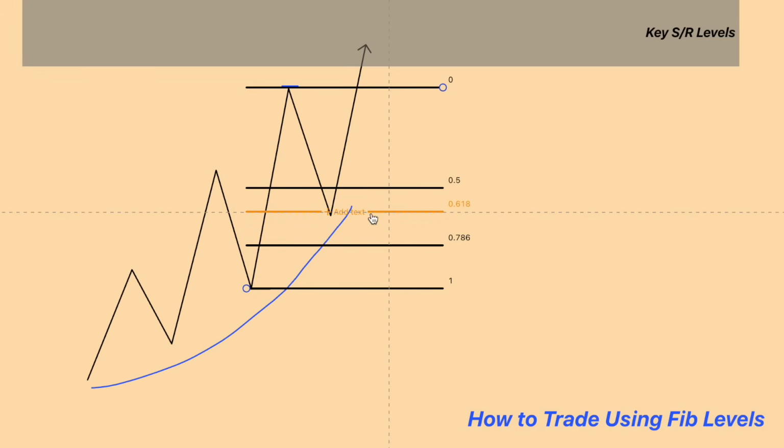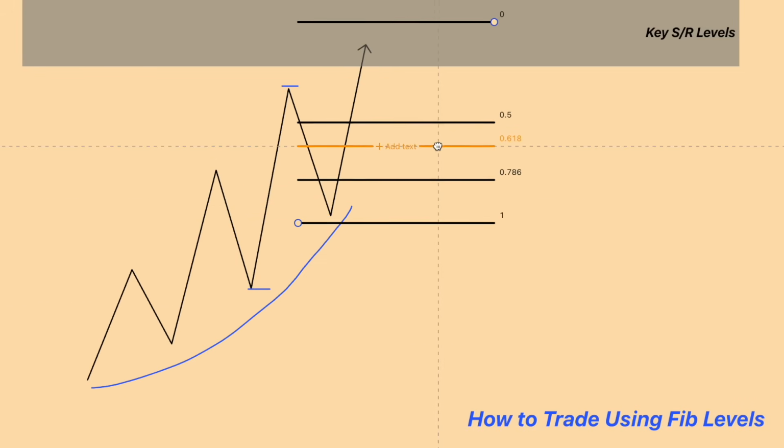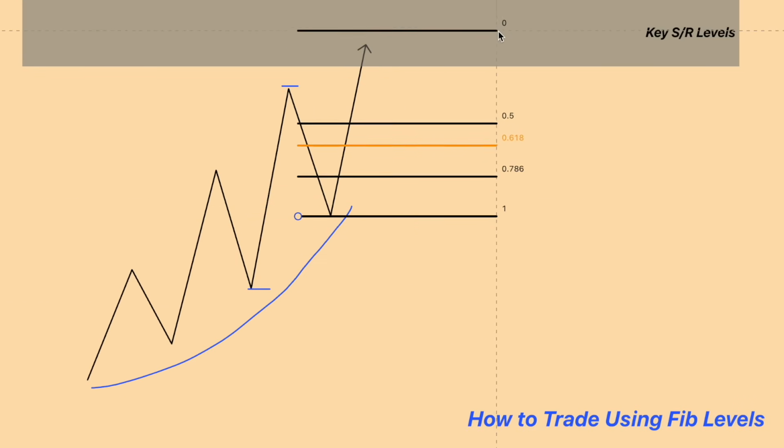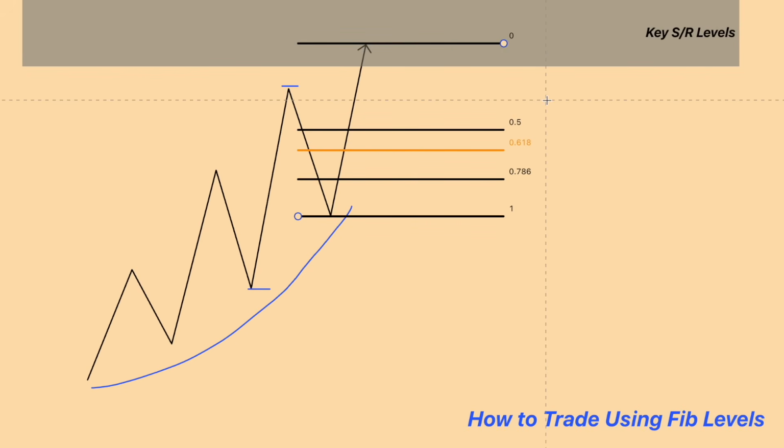So say in this example, our trader is following the uptrend and he is looking to buy retracements. But what he isn't taking into account is, say, our point of interest, in this instance, this key SNR level. He then thinks that the 618 will hold because it's golden. What happens is he gets caught in a landslide.